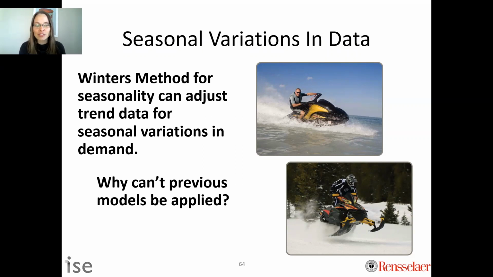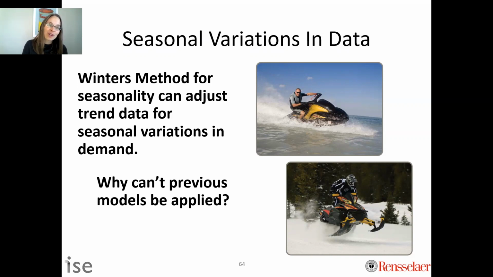And so my first question to you is, why can't we use our previously studied models? Why can't we use exponential smoothing with a trend, for example, if you had seasonality in your data set? Let's think about sales data, and let's say you had a really high peak in November and December, and then in January you have a low time.